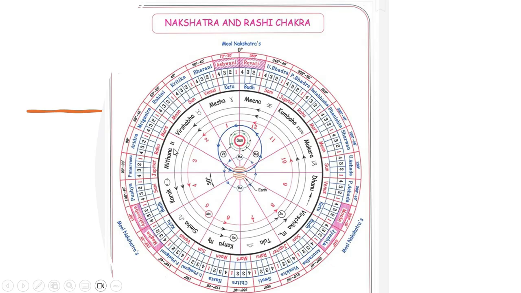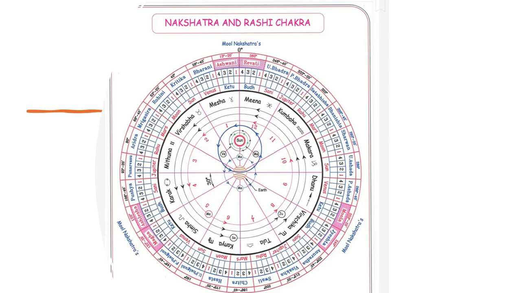It will be in Mithun, in Aridra, first pada. Now this could also be written as Mithun 8 degrees. 68 degrees can also be written as Mithun Rashi 8 degrees. Is it clear?